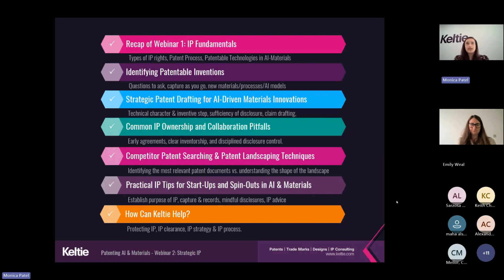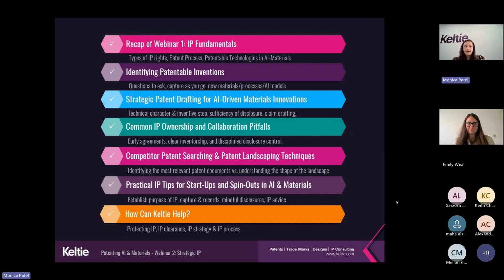Things like capturing data and results as you go along, thinking about the technical problem that's being solved and the technical solution that's being formulated to address those problems. Looking at and exploring different aspects of the technology, including materials, processes, as well as the AI models.